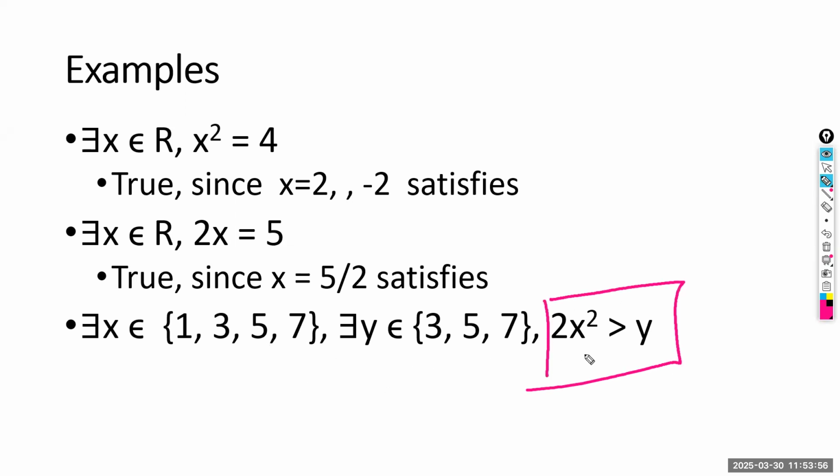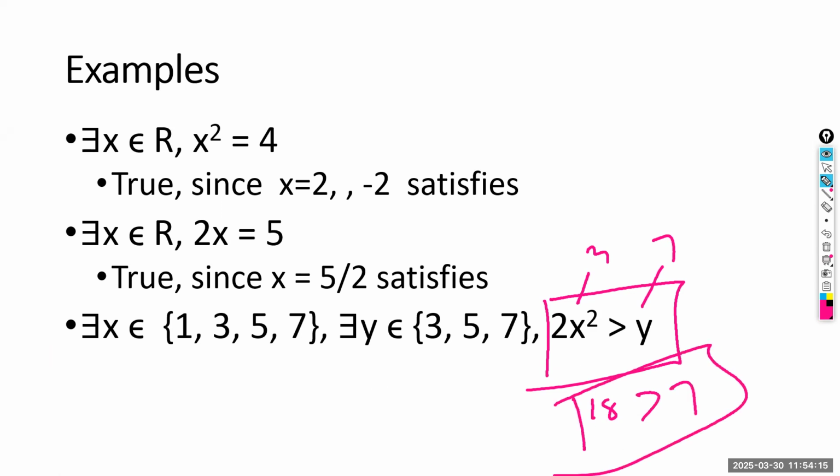What is your x value? What is your y value? That's all I need. The x value is 3 and the y value is 7. So if x is 3, 3 to the power 2 is 9, 9 into 2 is 18. Yes, 18 is greater than 7. So we have found one value, and one value is enough to say that this statement is true.